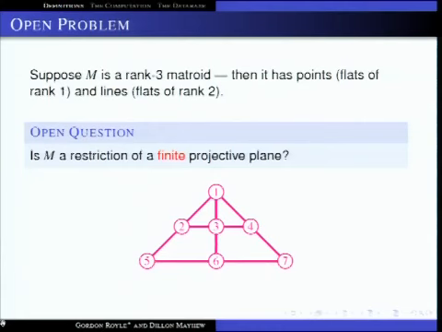Now here's a nice little question that someone would like to know the answer to. Take any rank 3 matroid. So all it's got is points, or elements, which are called points, and lines, which are flats of rank 2, and the whole thing is rank 3, so it's the plane.